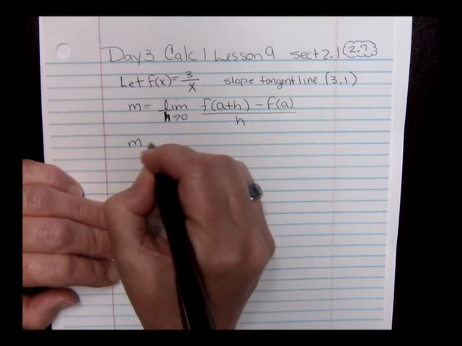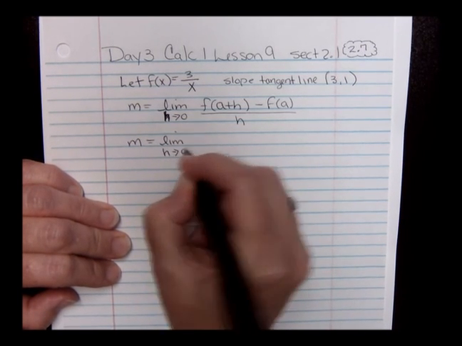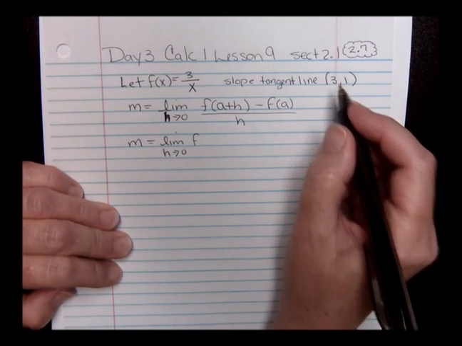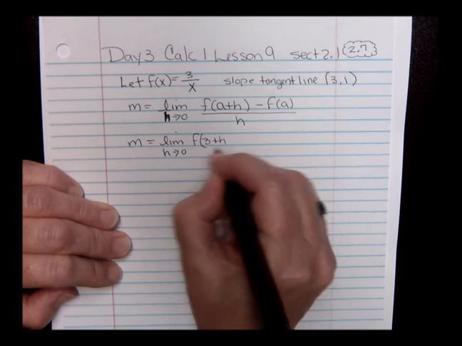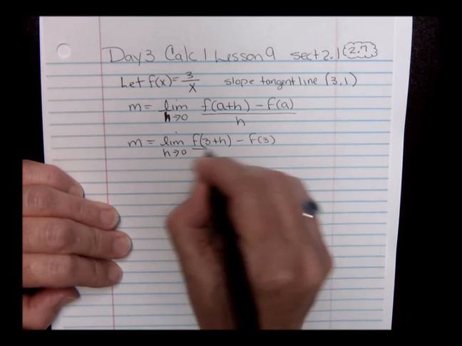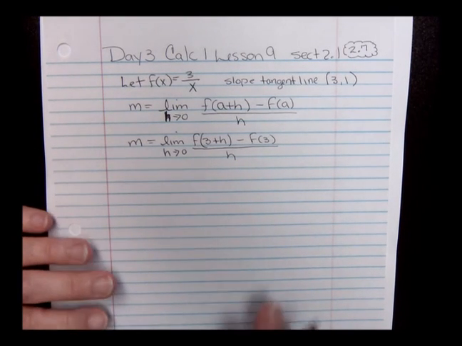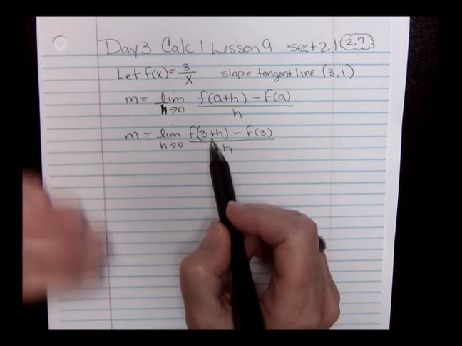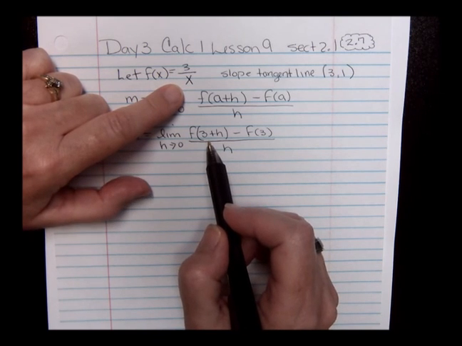All right, so let's start plugging in what we know. We have the slope, limit as h approaches 0. F of the a value is our 3. So we have f of 3 plus h minus f of 3 all over h. Now I'm going to substitute my values into the function in question, which is 3 over x.